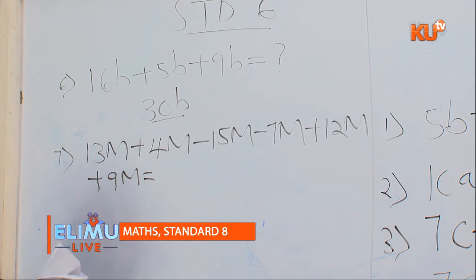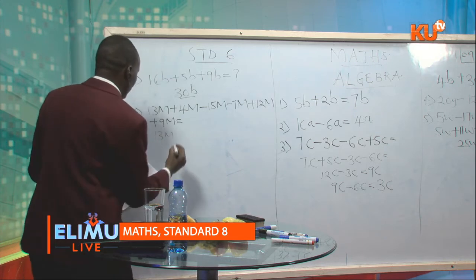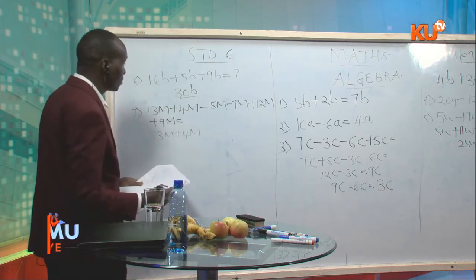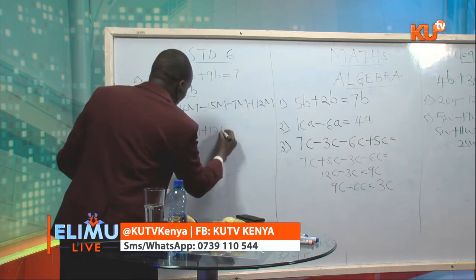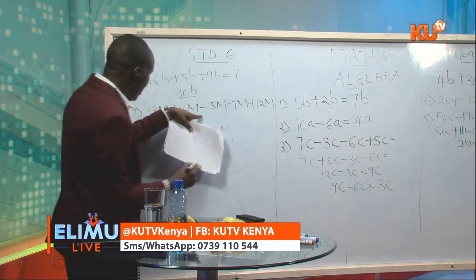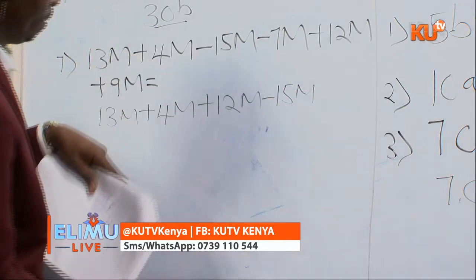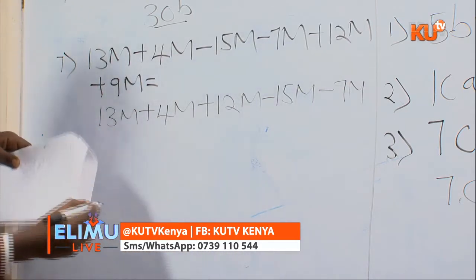We shall start with addition. That is 13M plus 4M plus 12M, take away 15M, take away 7M.